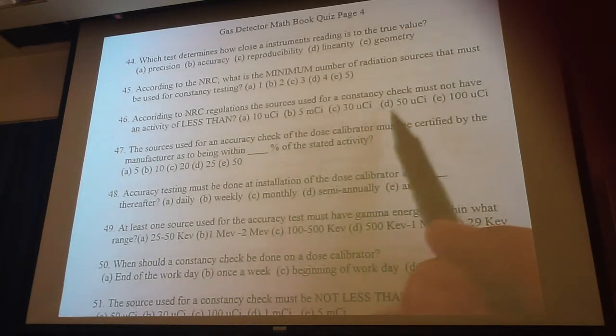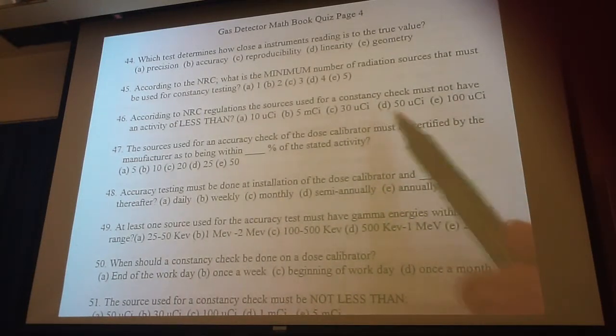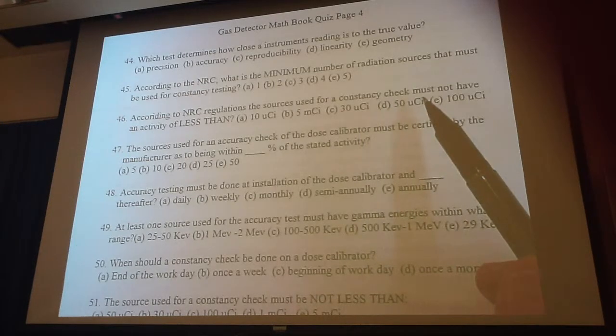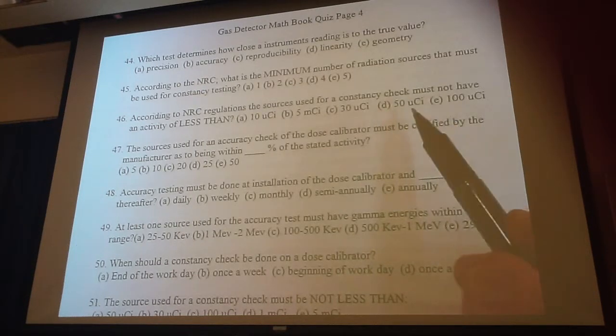The answer is D on this one. That's why typically you're going to see that cesium is about 100 microcuries, and 57 cobalt is typically 5 millicuries, somewhere around there, maybe a little bit more.